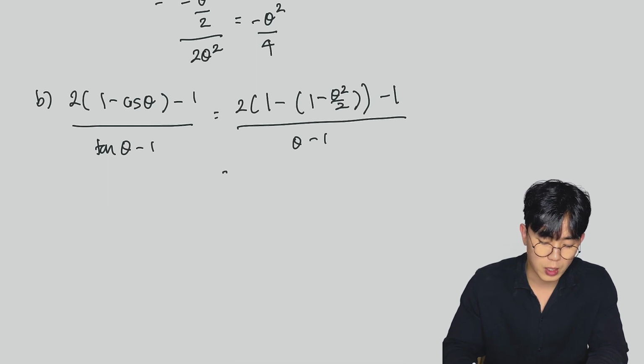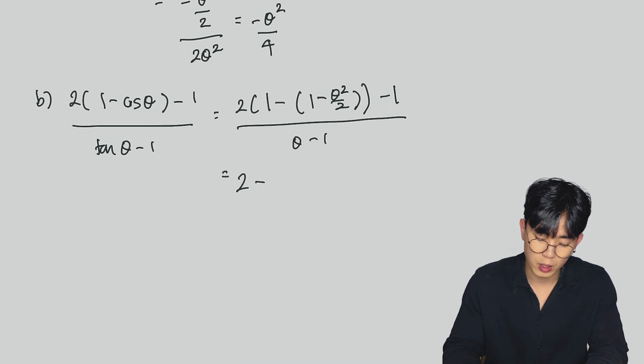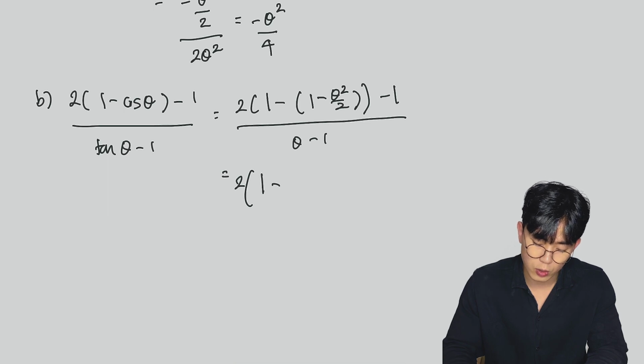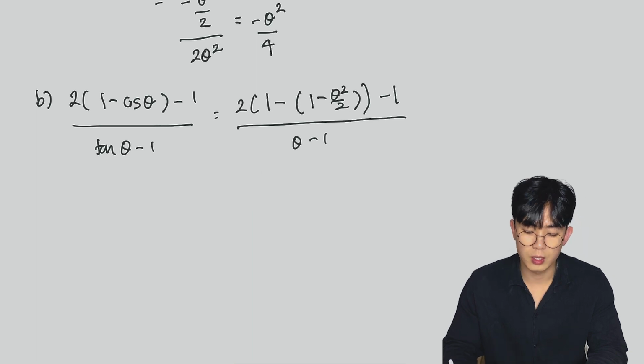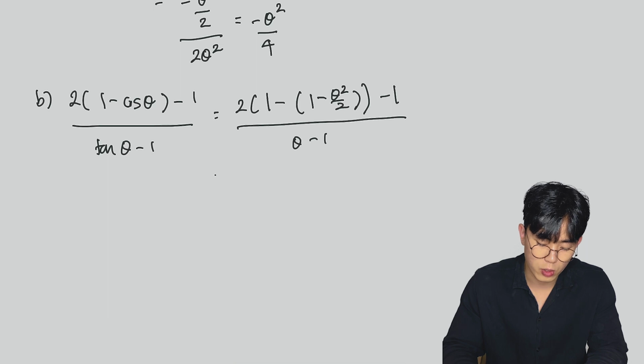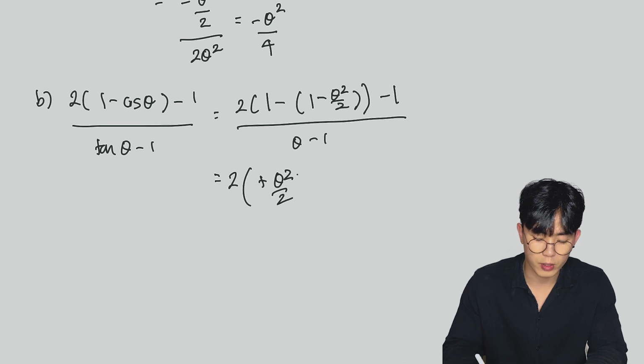So what do we get here? We get equals to 2, open bracket, minus minus is plus theta squared over 2, minus 1 over theta minus 1.